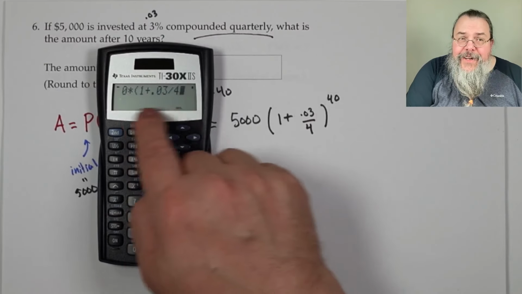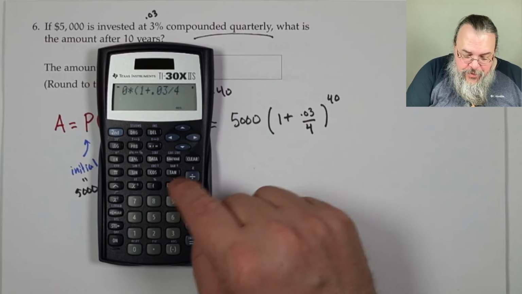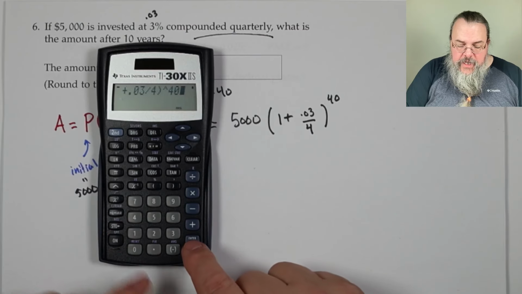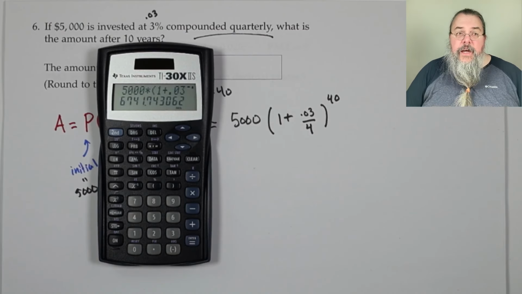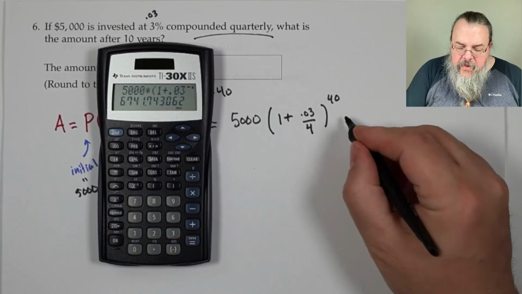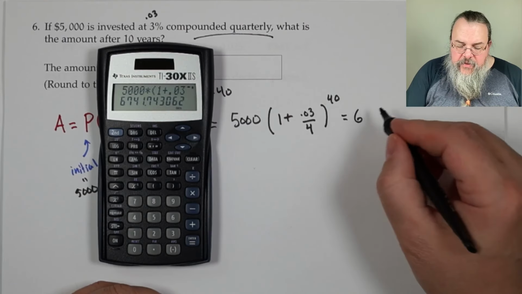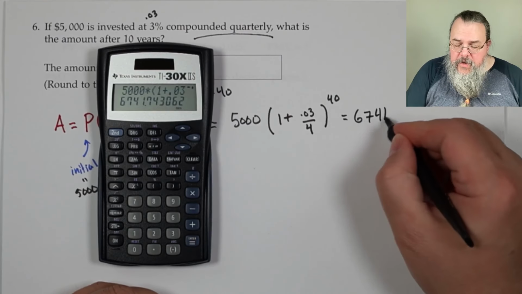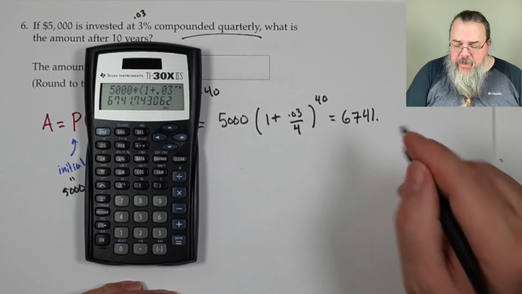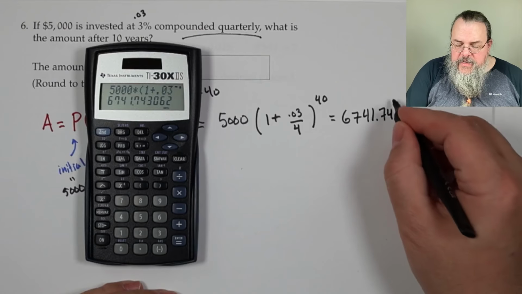Is it being entered in correctly? Parenthesis. Caret, that means raise it to a power of 40, and hit the equals, and we get as an answer $6,741. Remember, rounding to the nearest cent, and so that would be 74 cents.